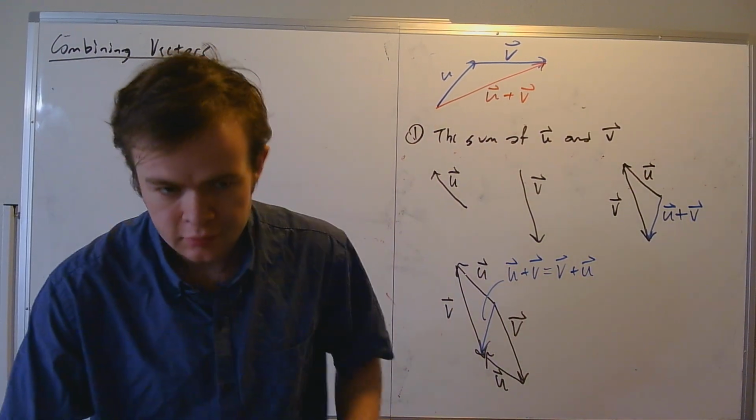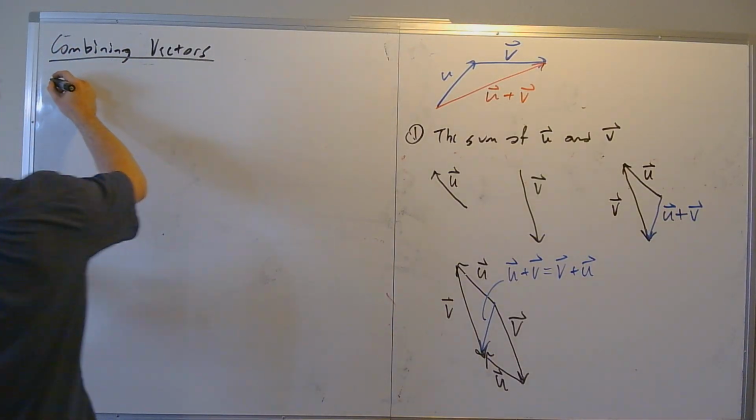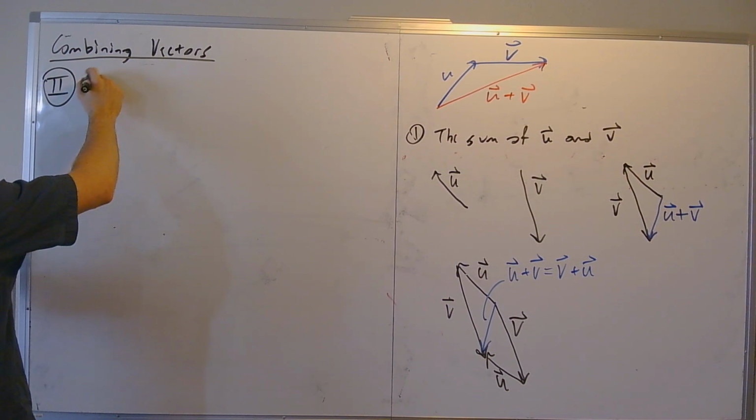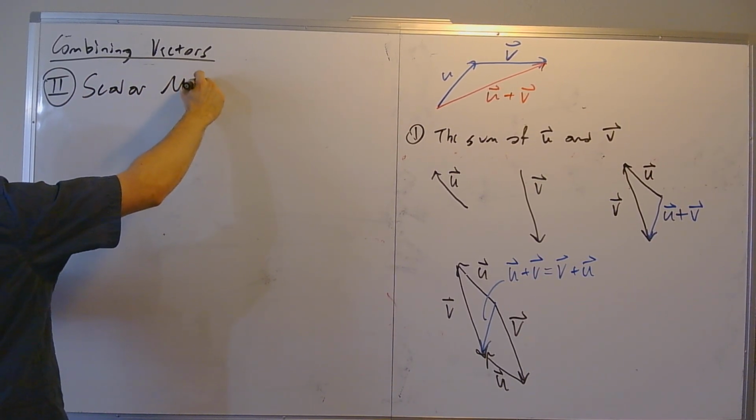Okay, so this is Roman numeral number 2, scalar multiplication.